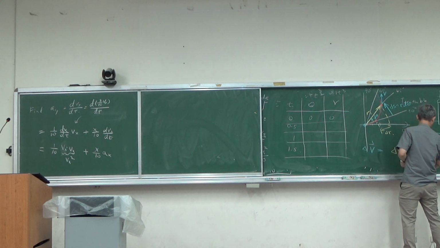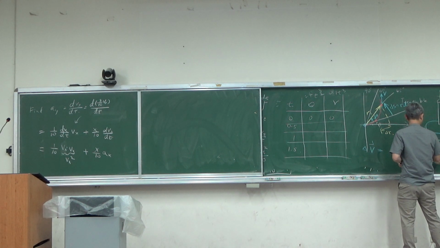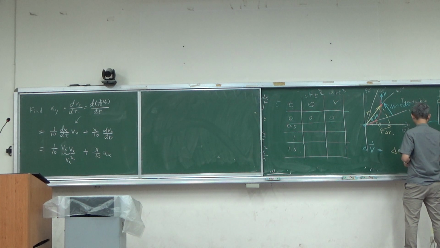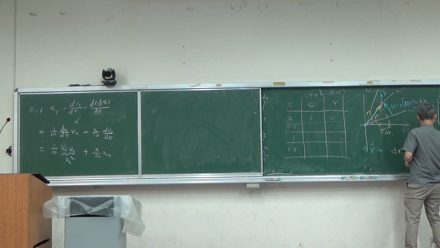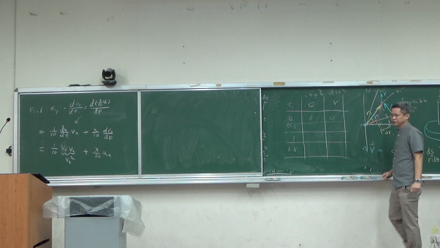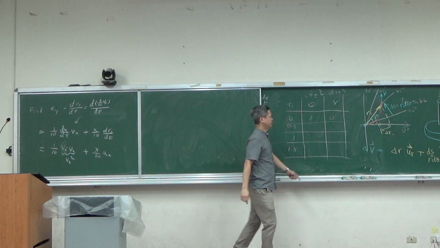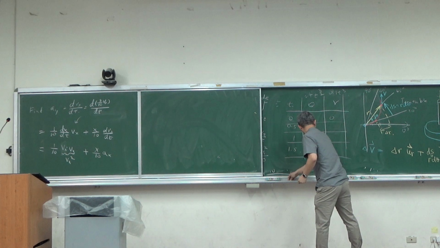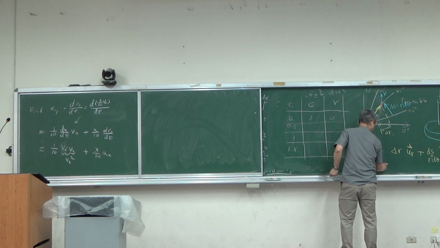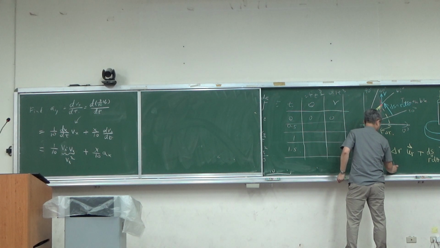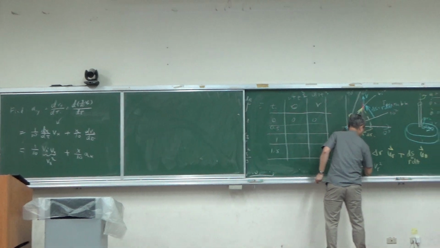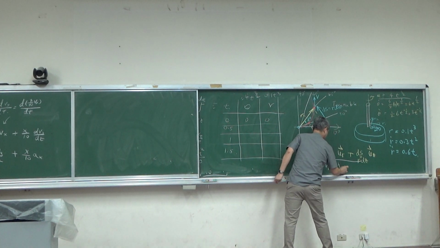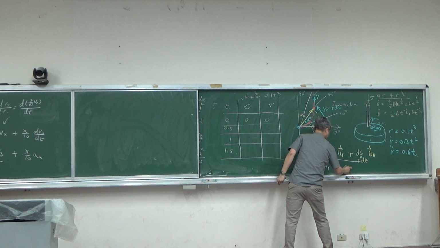Your ds is r d theta, that is along the circumference direction. And then what is your total speed? Your total speed in magnitude is the square root of Vr square plus V theta square.